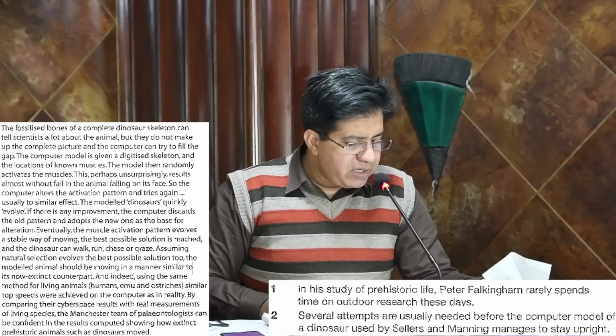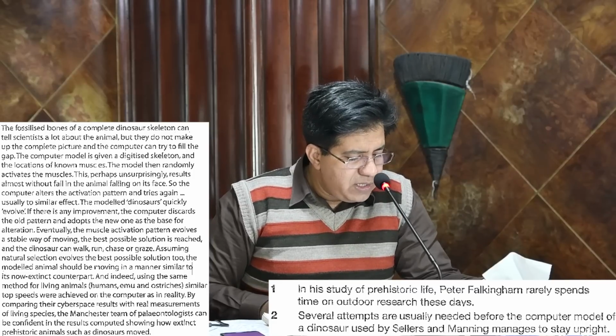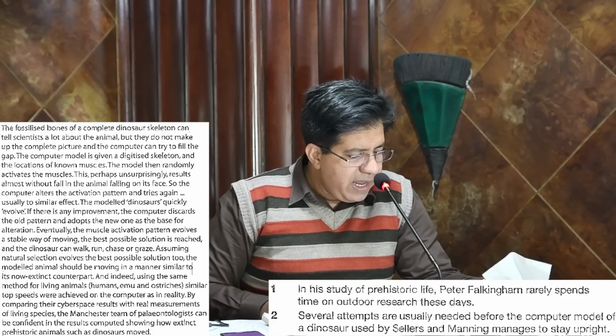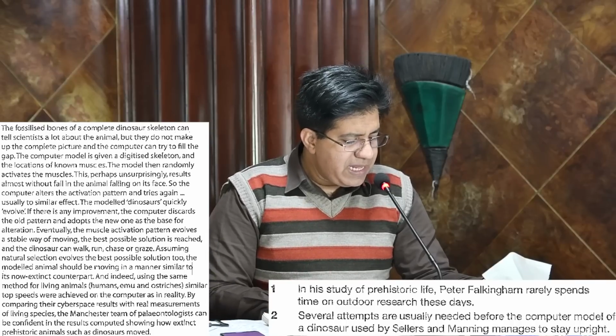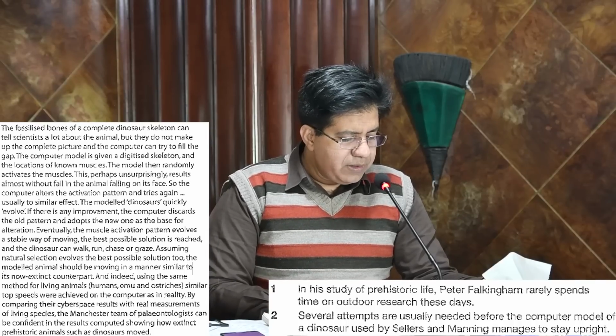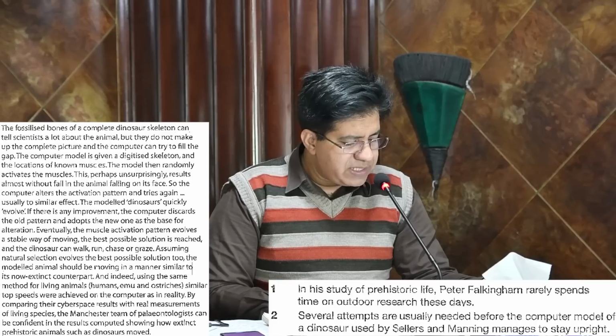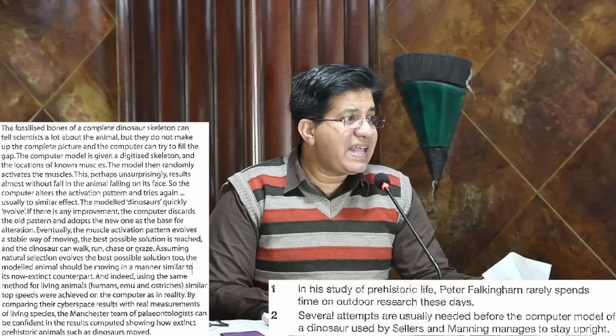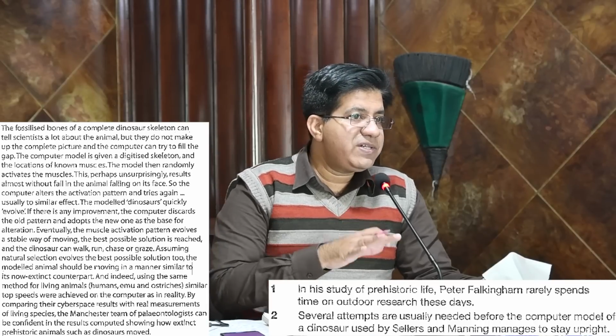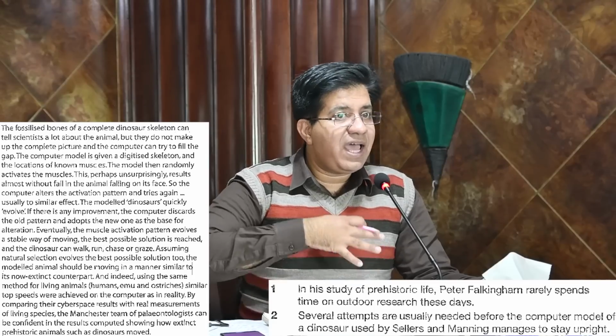The computer model is given a digitized skeleton and the locations of known muscles. The model then randomly activates the muscles. This perhaps unsurprisingly results in a fall. The computer alters the activation pattern and tries again. Alters the activation pattern and tries again.